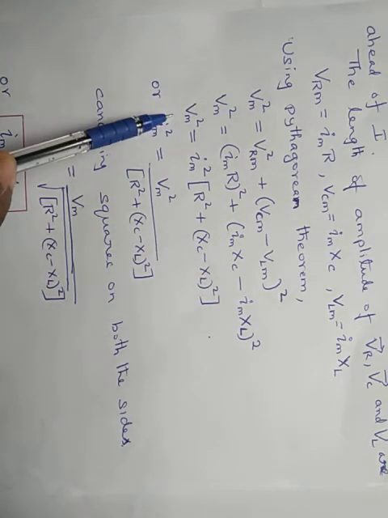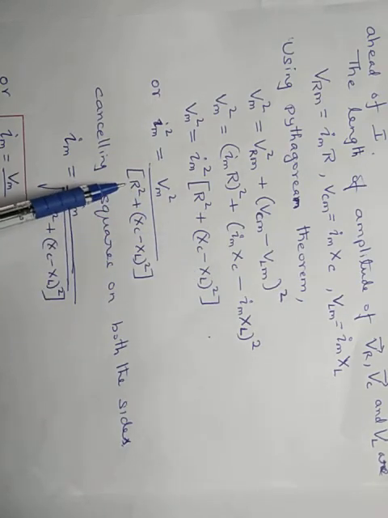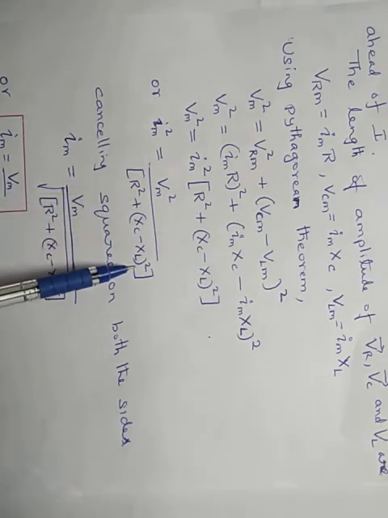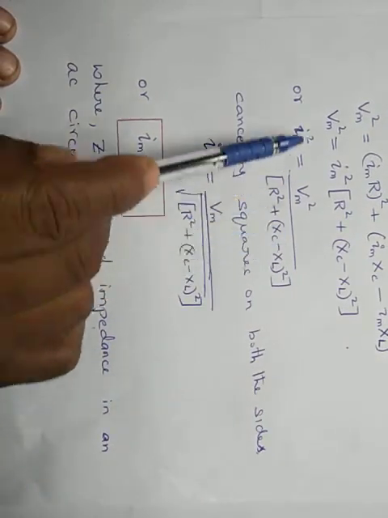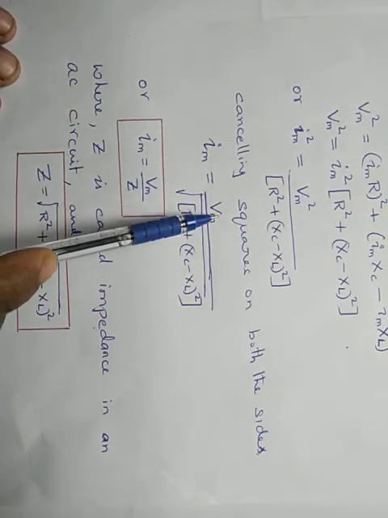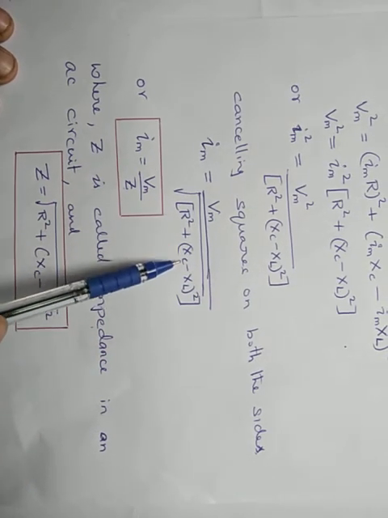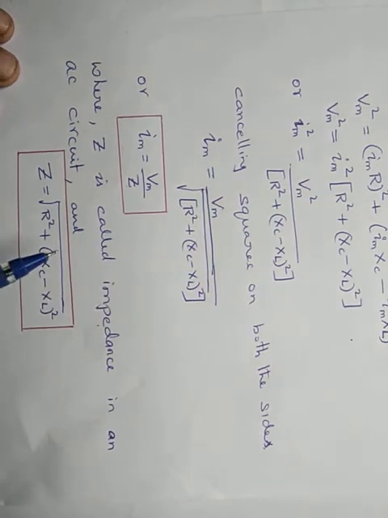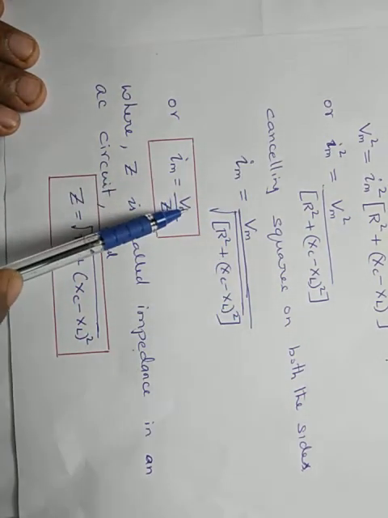Bring it to the left hand side, and you will get IM square equal to VM square by R square plus XC minus XL whole square. Now, cancel the square on both sides, and you get IM equal to VM by square root of R square plus XC minus XL whole square. So, this can be written as Z. So, IM equal to VM by Z.